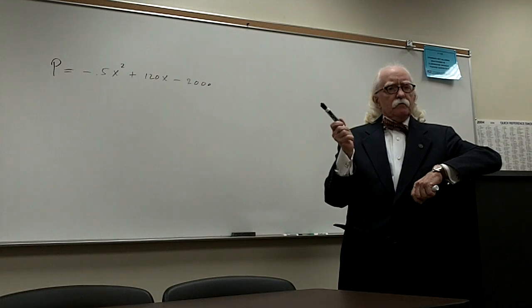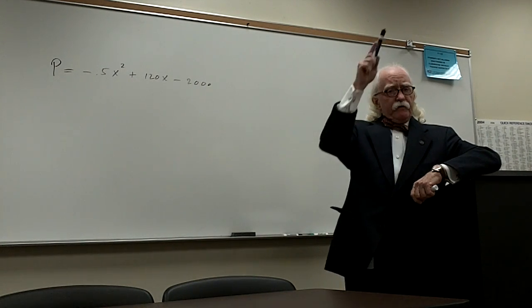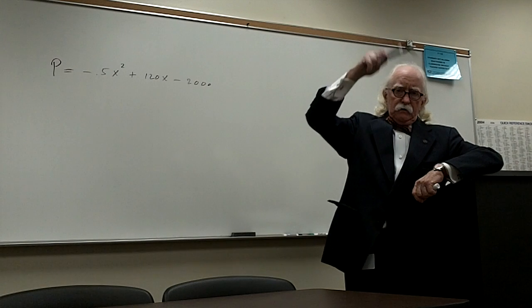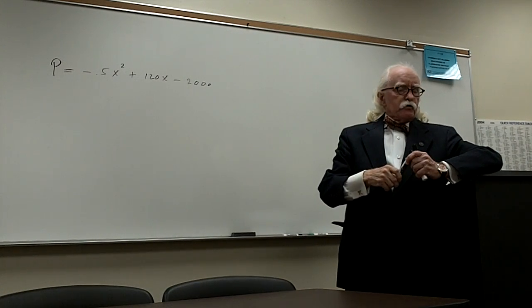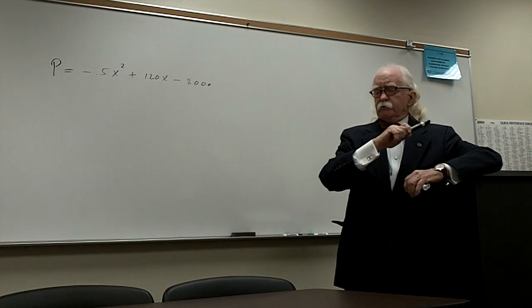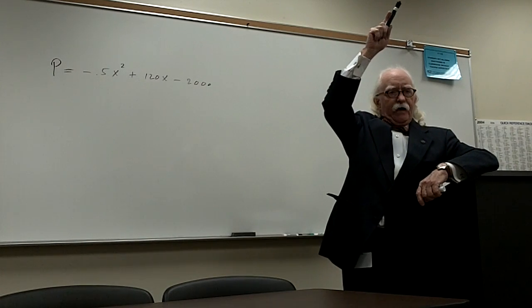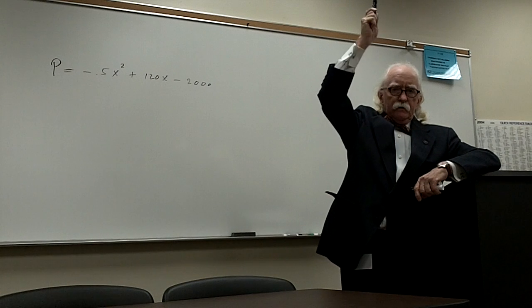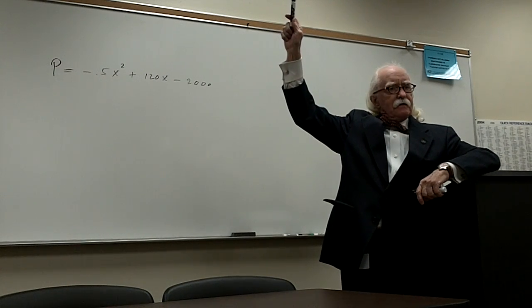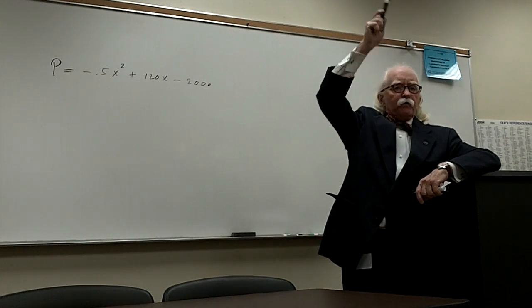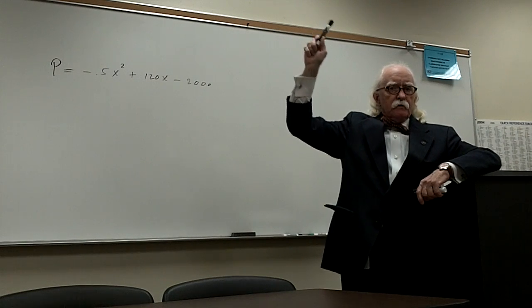You remember that, right? If it's positive, it's a smiley face. Certainly, you would hope that you would not have a profit function that had a plus and looked like this, because nobody in their right mind would want to minimize their profits.